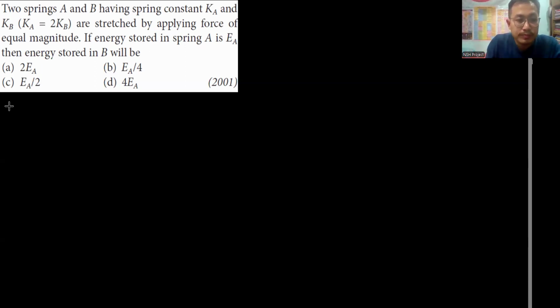All right. So the question: spring A and spring B have spring constants, where Ka is equal to 2 times Kb. Both are stretched by applying force of equal magnitude.